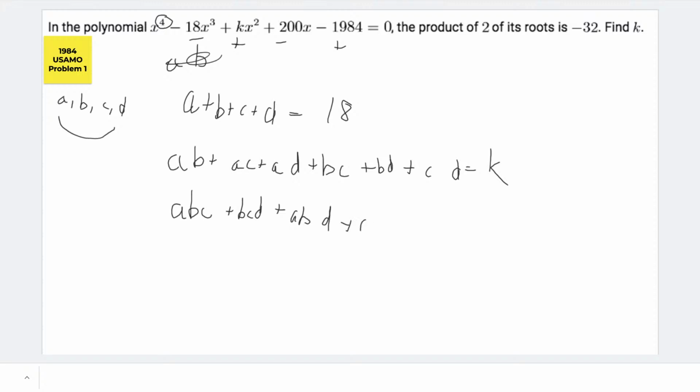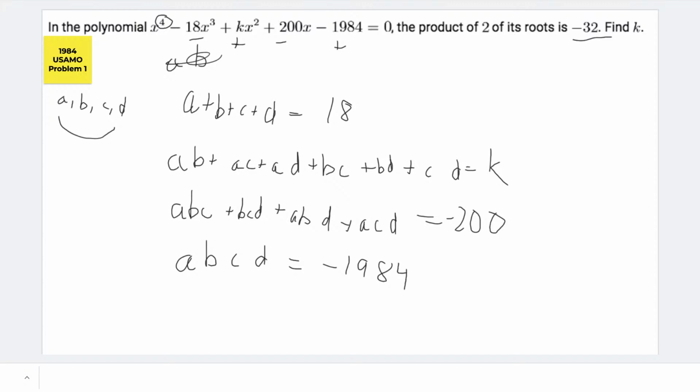And this equals negative 200 over the coefficient, which is just negative 200. Now we look at the next part. The multiplication of the roots is just positive times negative, so it's negative 1984 over 1. So a times b times c times d equals negative 1984. The product of two of the roots is negative 32, as it says.